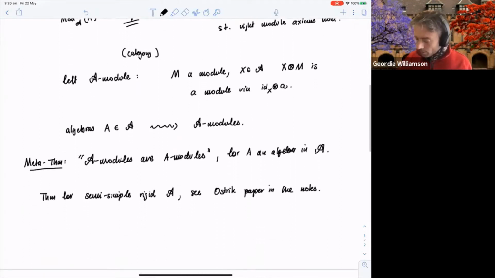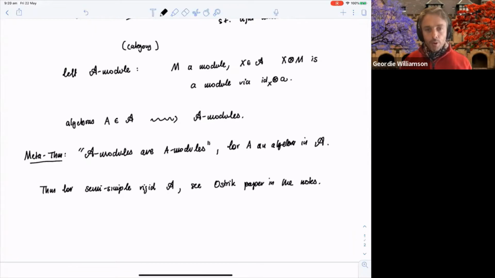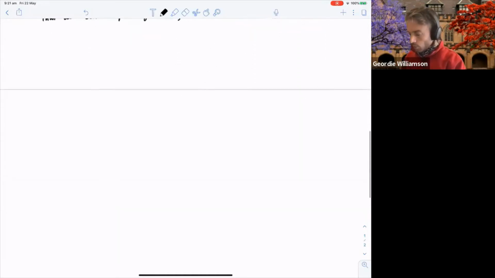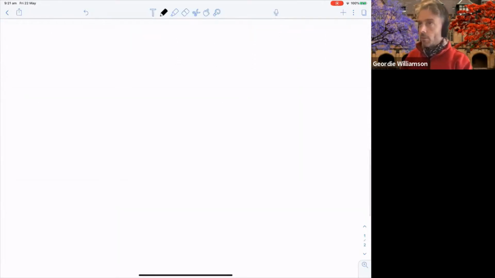So I just want to explain without proof something. This meta theorem, even in this case in Ostrich's paper, is not so easy to get. But once you have it, it makes certain classification problems very easy. An example of that is the following. What are module categories for finite groups?